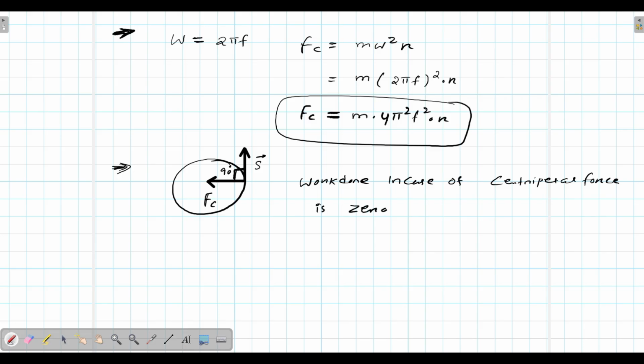So an example of centripetal force: this is the nucleus and the electron revolves around the nucleus. So the electron moves in a circular path.